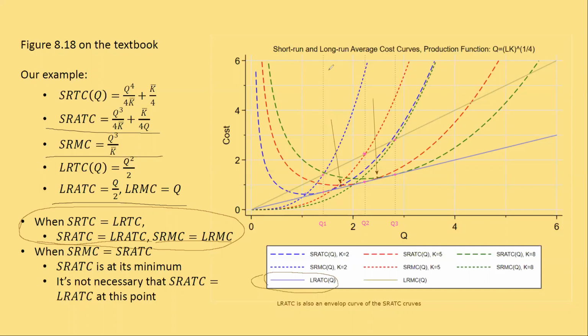So at this point, point A over here, point A is the minimum point of short run ATC.